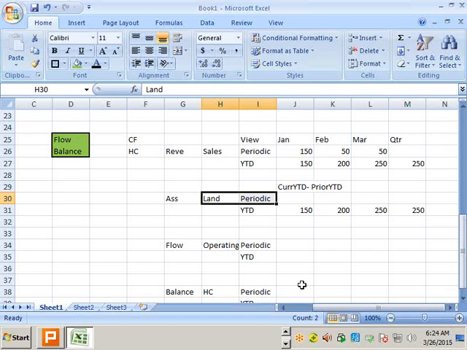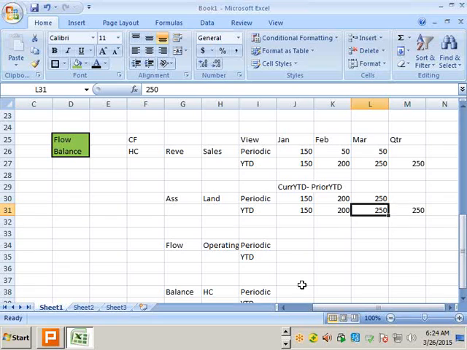Because we can say what is the value as of now. Say here itself 150, 200 and 250. There is no periodical change for land and buildings. These are asset and liability account types, and they will always be the same for periodic as well as year to date values, given the nature of the accounting terminology.